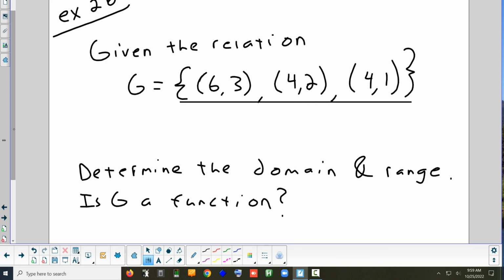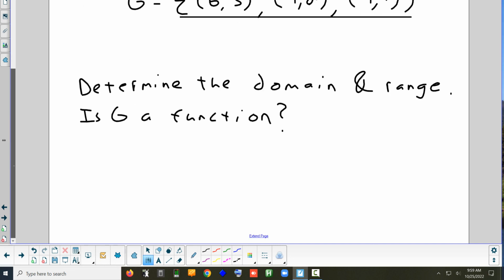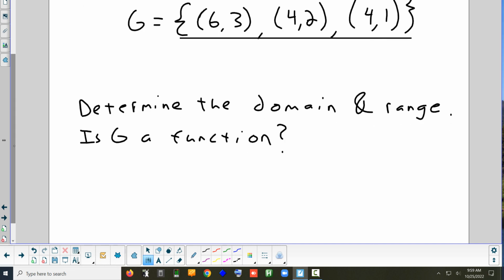Determine the domain, the range, and if it is a function. Okay, so on your guided notes, you guys already have a line, so we'll just fill it in.